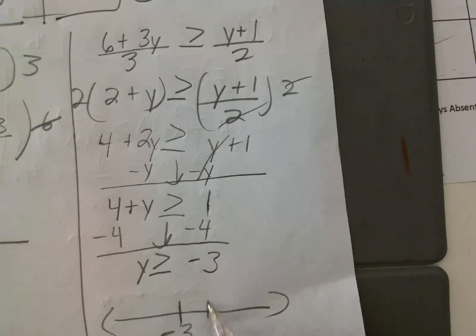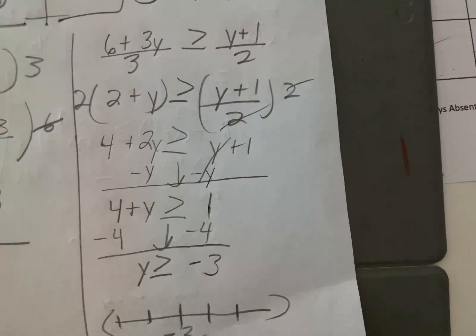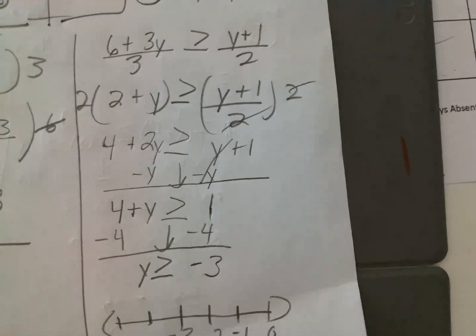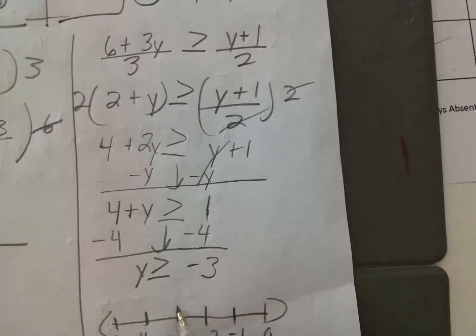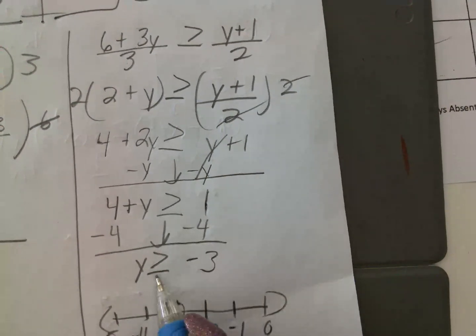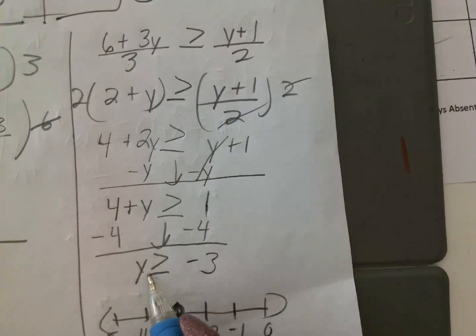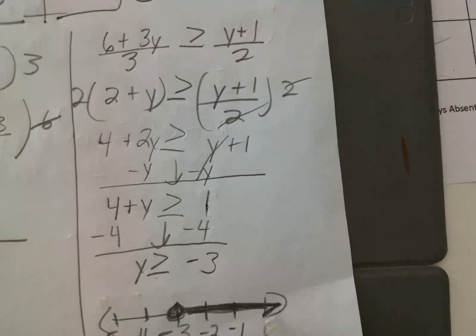Put 2 numbers over here, 2 numbers on this side. This is getting larger. That's negative 2, negative 1, 0, 1, 2, 3, 4. Negative 4, this is smaller, negative 5. So this can be equal to, so shade it in, and you want all the values to be larger than it. So we're going to shade this way. Okay?